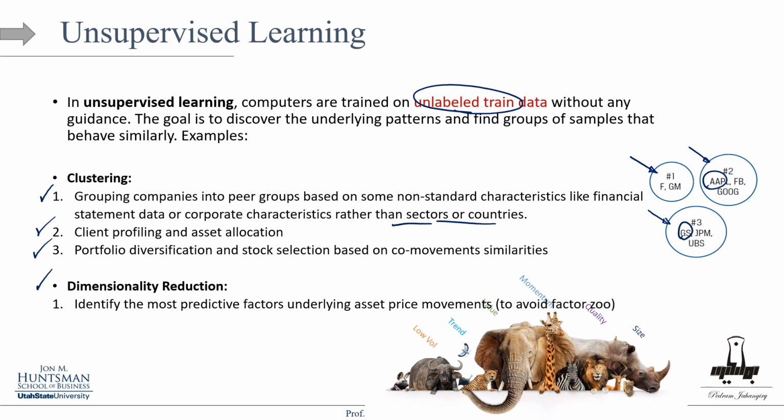And we know that not all of those thousands are necessarily useful, or maybe many of them are very highly correlated. So how can we reduce the dimensionality of the data? This is another technique that we use. We call it dimensionality reduction, and it's a type of unsupervised learning. An example is we want to identify the most predictive factors underlying asset price movements, right? This is basically to avoid what we call the factor zoo in factor modeling and asset pricing.